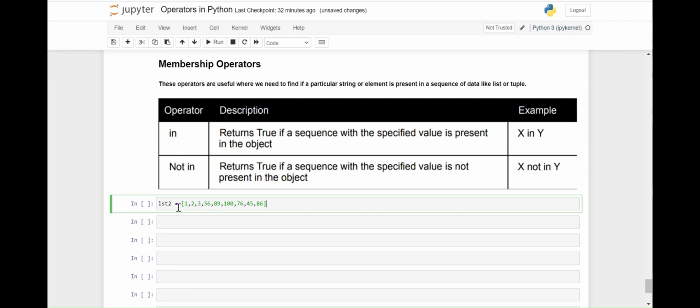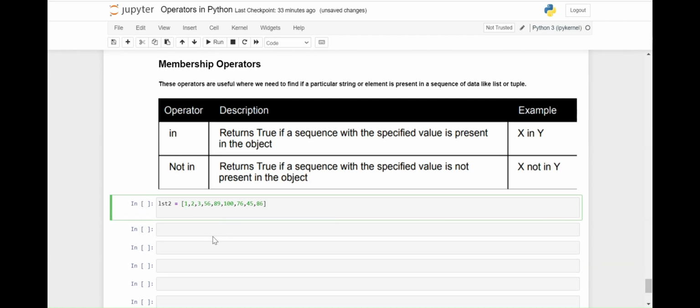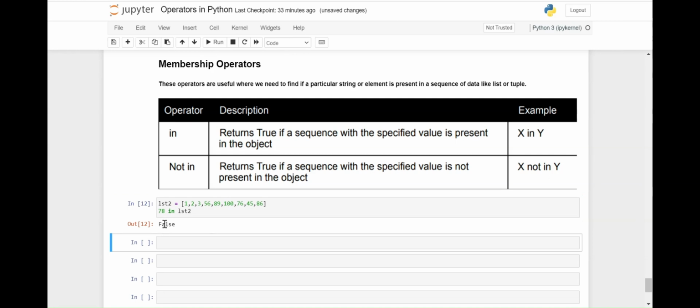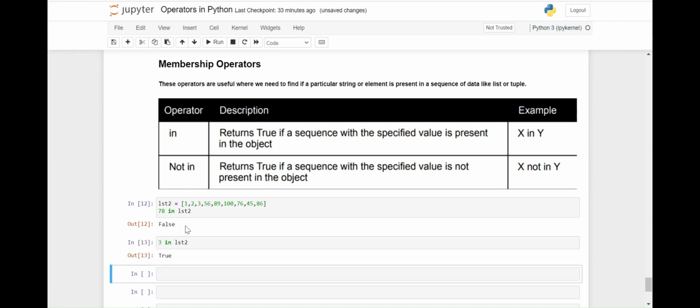Then we're going to see. So let's just say, is 78 in list 2? It returned false. Why? Because we did not have 78. Okay, let's just check for a number that is present. Is 3 in list 2? True.